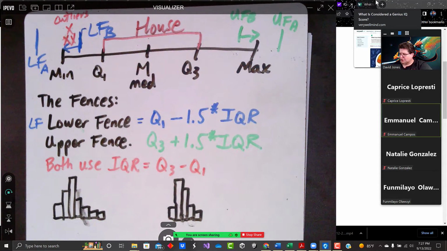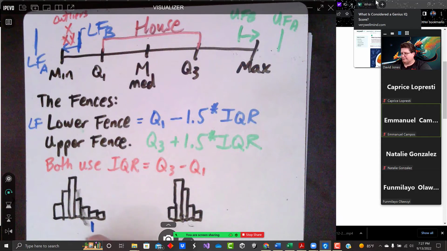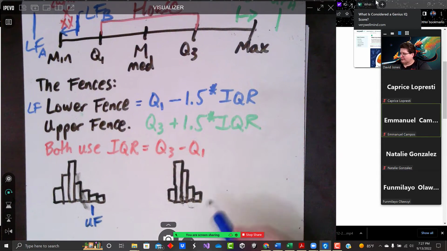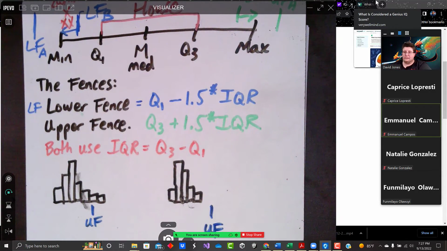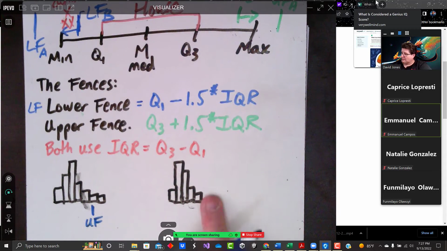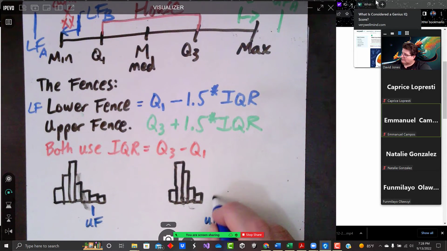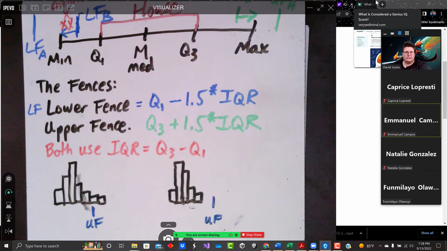The more skewed a graph is, the more likely it is to have an outlier. This picture might have an upper fence right here, whereas in this picture the upper fence is probably a little bit higher. That's just pictorially what we're doing. I think showing it with numbers will help.